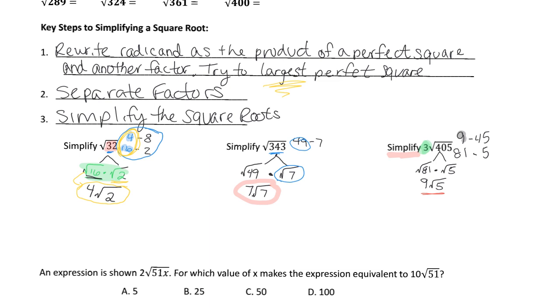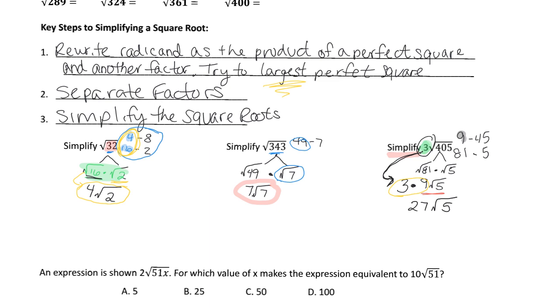So we simply just bring that 3 down and multiply it by whatever number's out front. So now it's really 3 times 9 times root 5. So we just multiply 3 times 9, which gives us 27. And then the root 5 just kind of comes along for the ride. So the only other difference is if we have a number out front, we just bring it on down and multiply those two numbers out front.